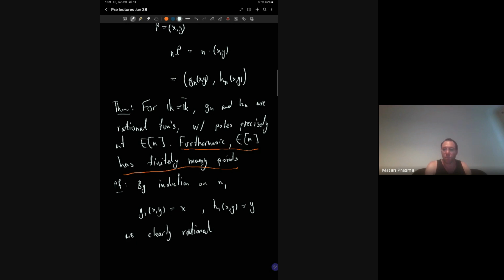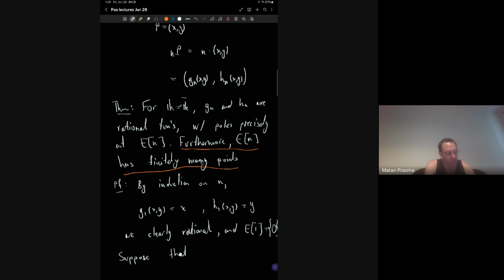Okay, so this is the induction step. Of course, E1 is finite. E1 is simply the point at infinity.